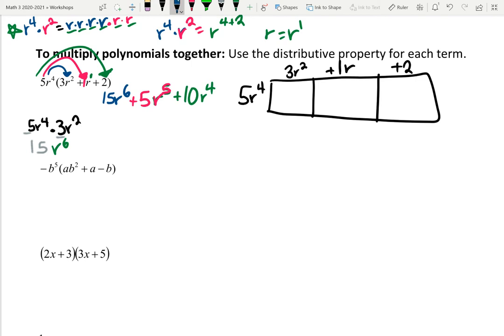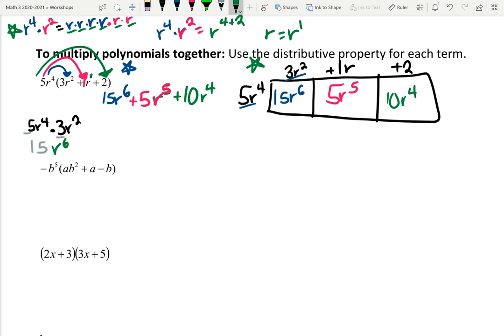And here, I'm going to do the same thing. 5 times 3r squared is 15r to the 6th. Likewise, this is going to be 5r to the 5th and 10r to the 4th. Use whichever method you like. This is for the people who are traditionally stronger in their number sense. I recommend this if you've never quite conquered the skill.